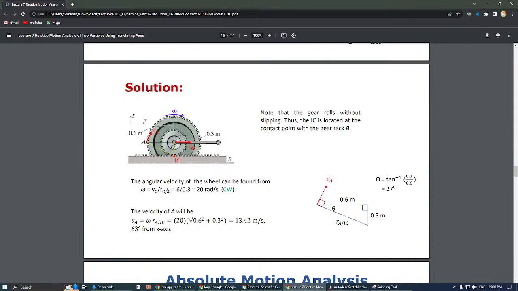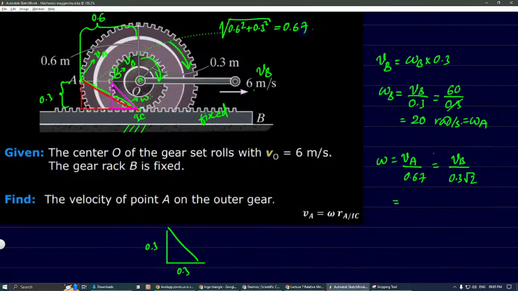Omega is V naught by PT. So the omega of this he is finding, that we found just now. Omega B.